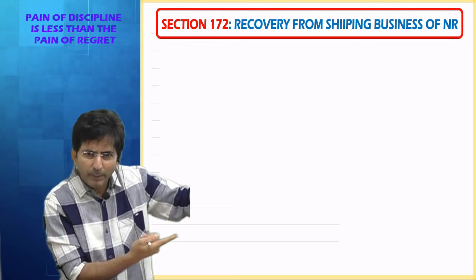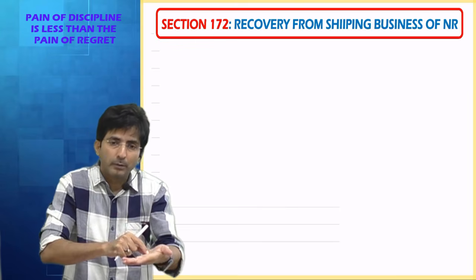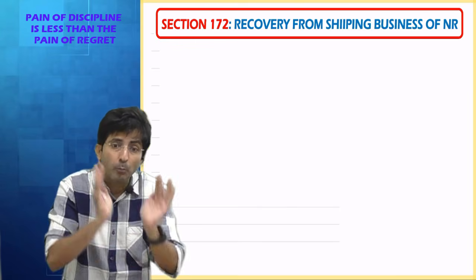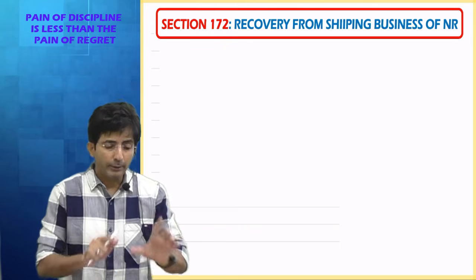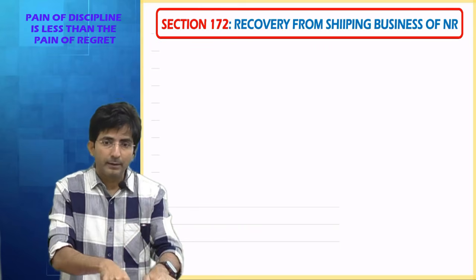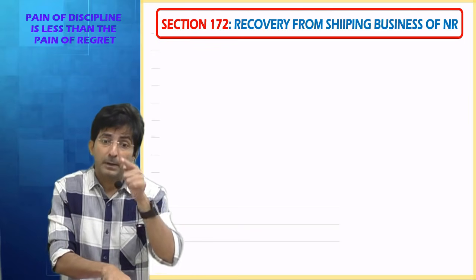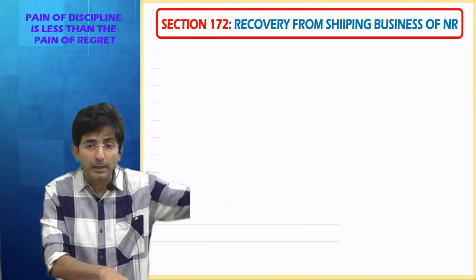In that departure, how much cargo was booked? Cargo, passenger, total bookings. You have to report to India. And you have to show 7.5% of that booking, and on that 35% tax you will pay, otherwise your ship will not be allowed to depart.